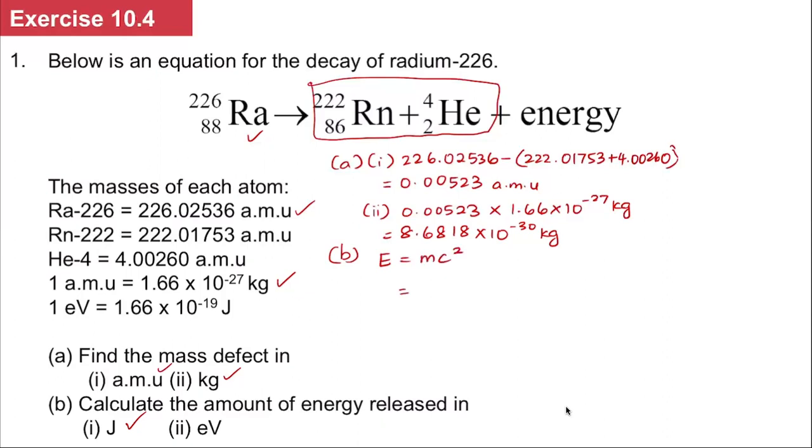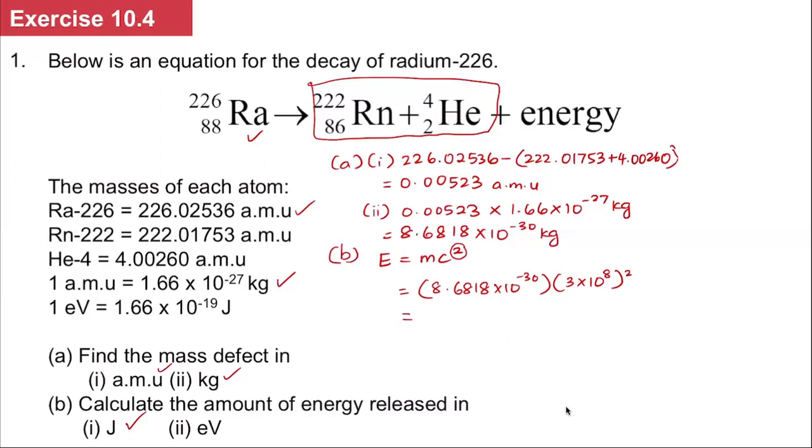M is 8.6818 times 10 to the power negative 30. Now C is the speed of light, 3 times 10 to the power of 8. But don't forget to put square. Don't forget to put that square.